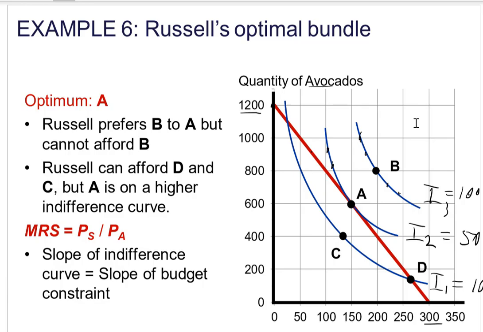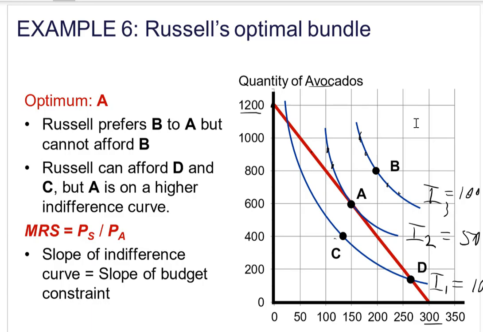In that case, the question is, where is the optimal point now? So we have 3 points here. Russell certainly can afford point C and also point D. However, remember, the property of the indifference curve is that we prefer the combination of goods that are at the higher indifference curve. So points C and D are within the reach of Russell's capabilities.